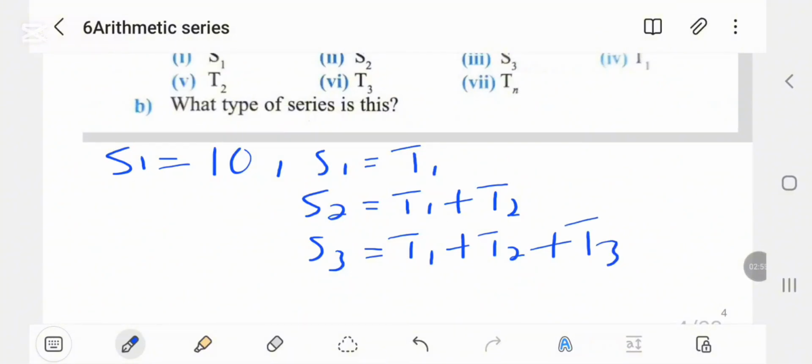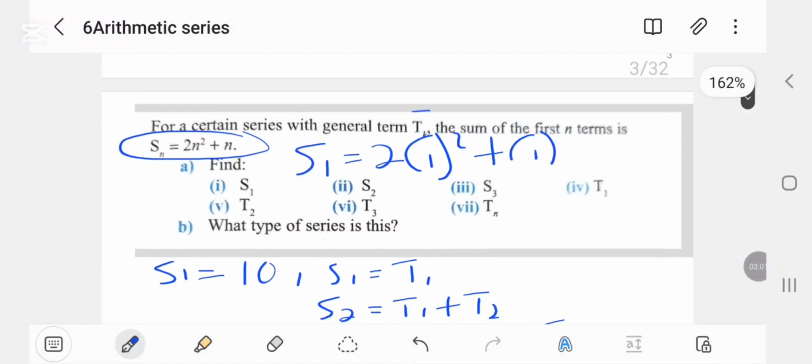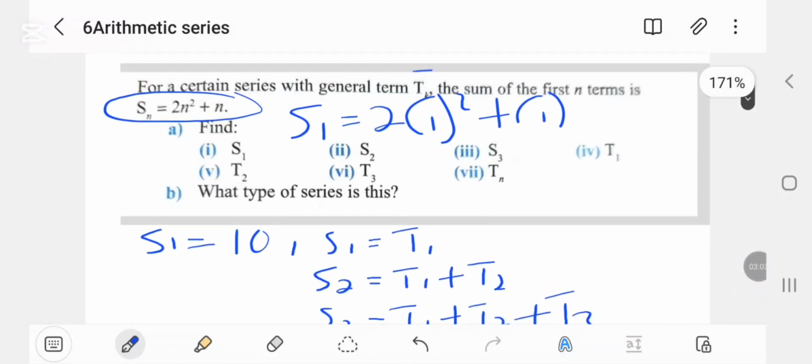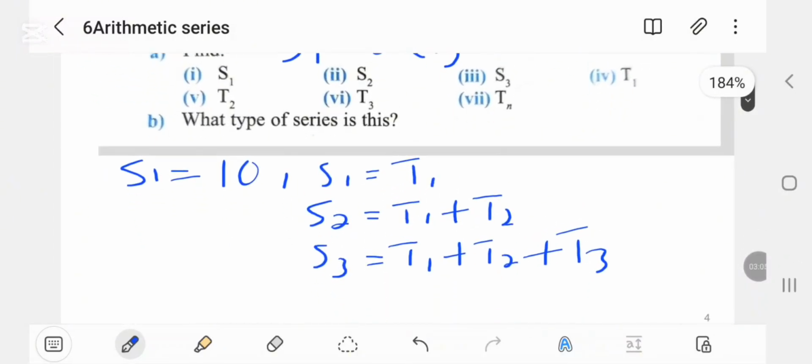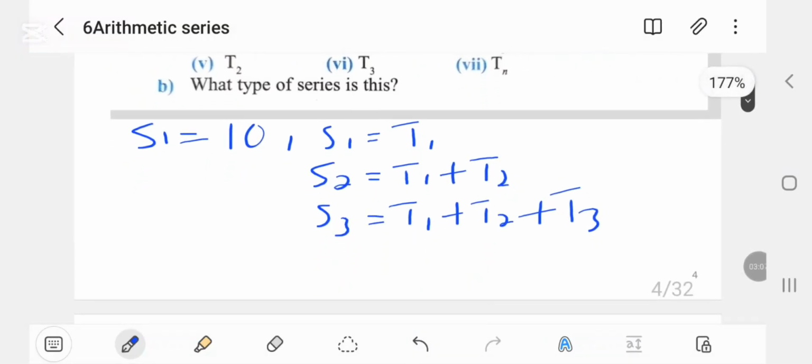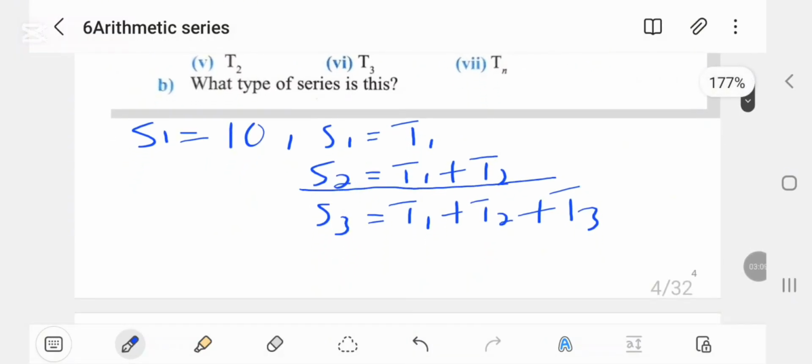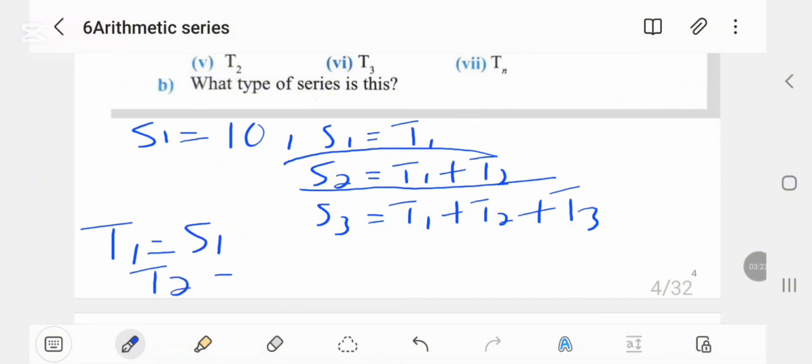Now, what if they give us this formula for Sn? If they ask for T1, we know T1 is the same as S1. But what if they ask for T2? T1 is the same as S1, but to get T2, we subtract S1 from S2.